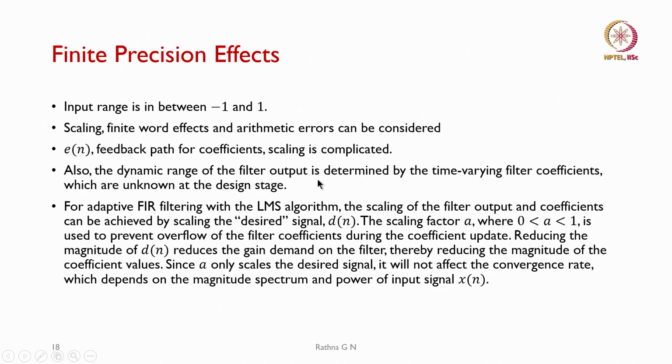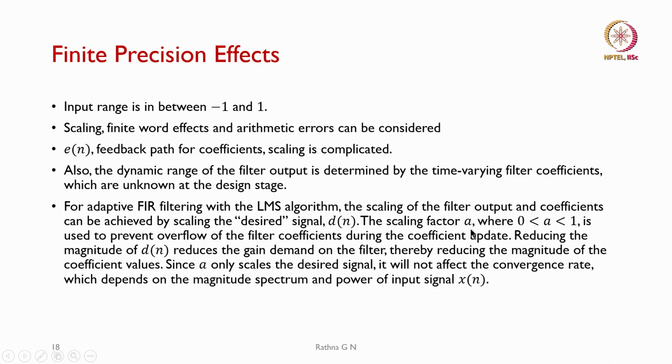So for adaptive FIR filtering with the LMS algorithm, the scaling of the filter output and coefficients can be achieved by scaling the desired signal, that is d of n.